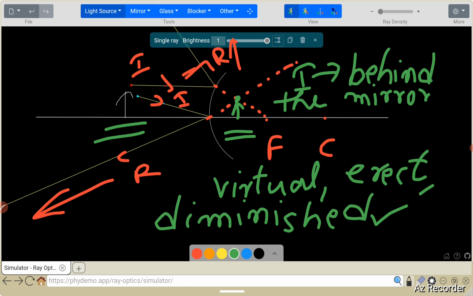The mirror which always produces virtual erect same size image is the plane mirror. Understood? Diminished, in case of virtual, is convex mirror. If it is virtual, erect, same size, plane mirror. Understood? So these are the image formations by spherical mirrors. I hope you all understood this.